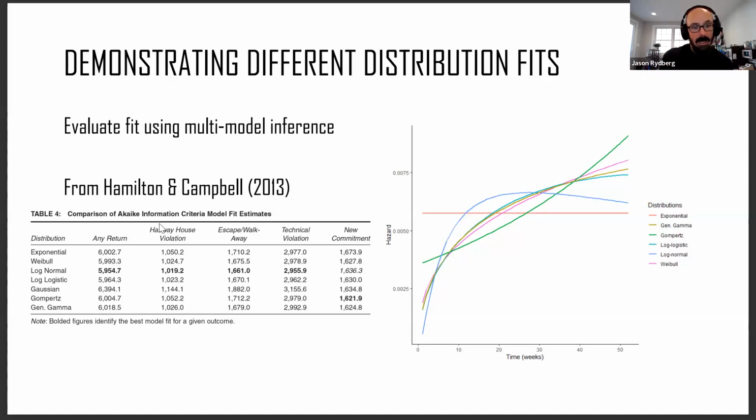These are the AICs on each of them, and you can see in almost every case for his data, the log normal model, which assumes that the survival times follow a log normal distribution, appears to be the best fit, with the exception of the new commitments, which follow a Gompertz distribution.